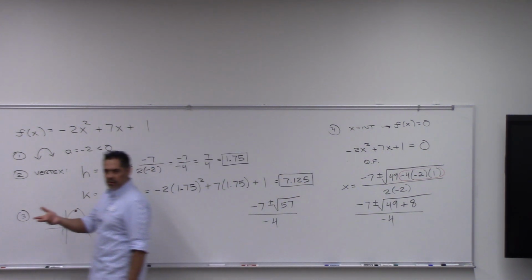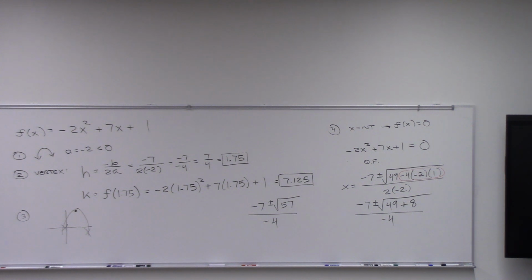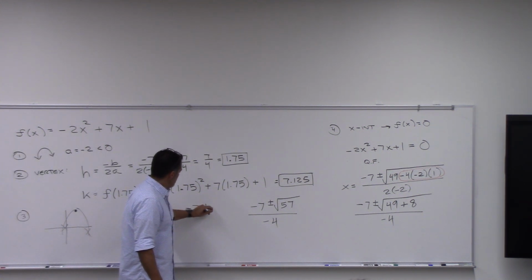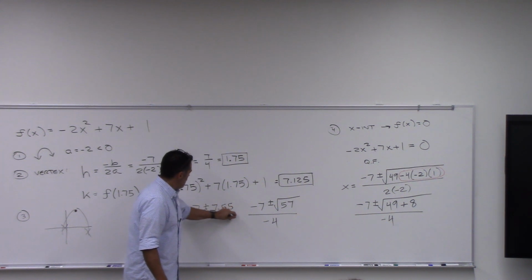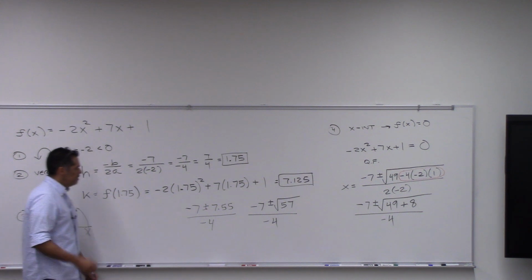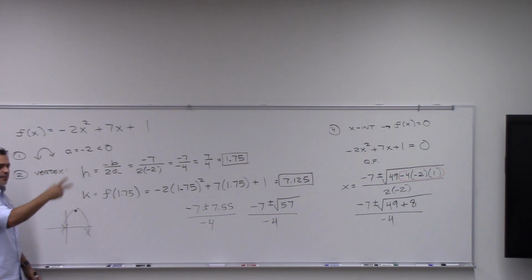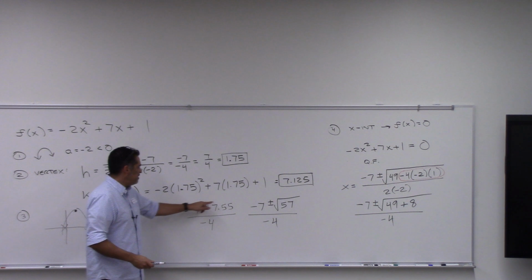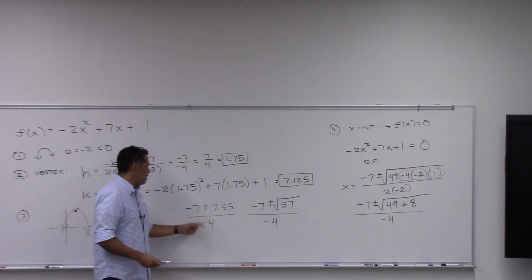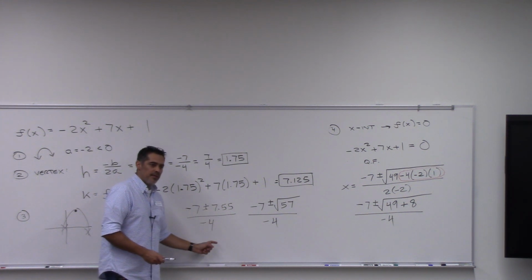Then on my calculator, I do the square root of 57 and get a decimal, 7.55, all over negative 4. You okay with this? Now you have two different scenarios. You do negative 7 plus this number and divide that by negative 4, and then you do negative 7 minus this number and divide by negative 4.